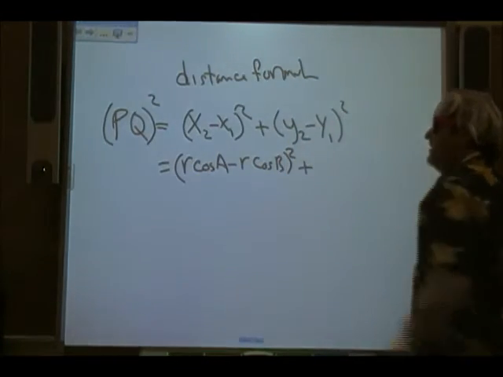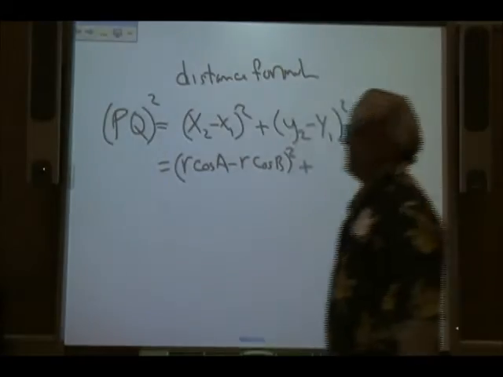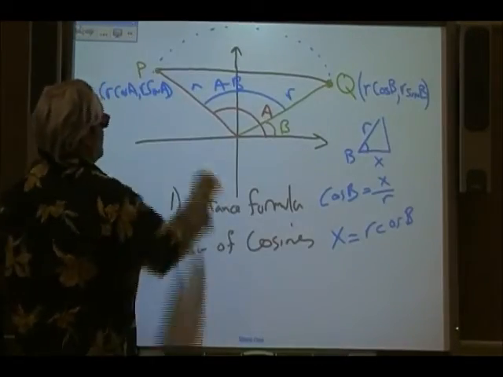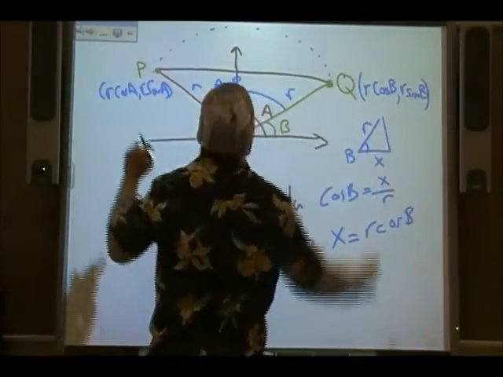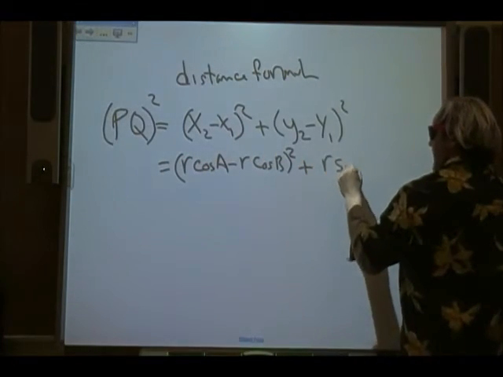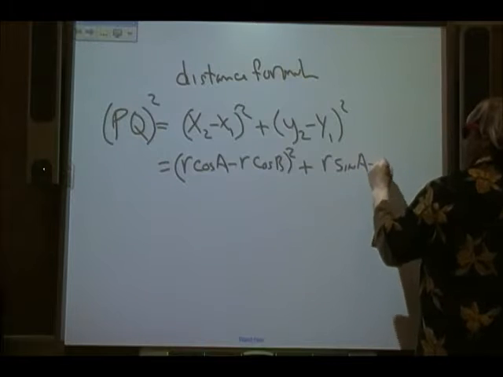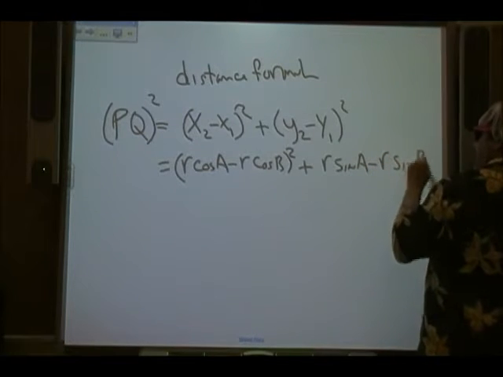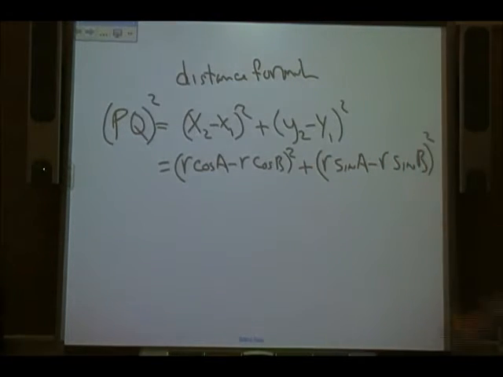Then I'm going to do the y part. What was the y part? The y part was r sine A minus r sine B. And that also has to be squared.